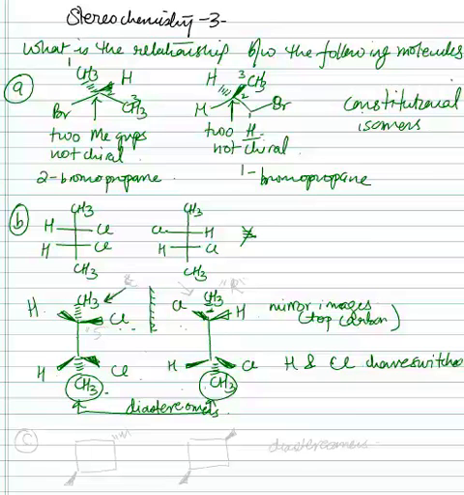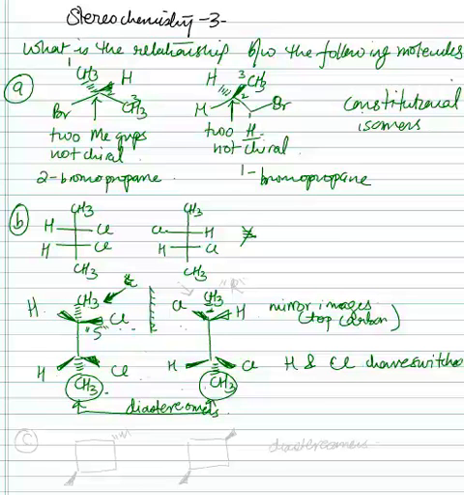Cl is first, this is second, and the CH3 is third. Look from here. That's your beautiful eye. Cl is right here, the next one is going down and the other one is going that way. So this is S.